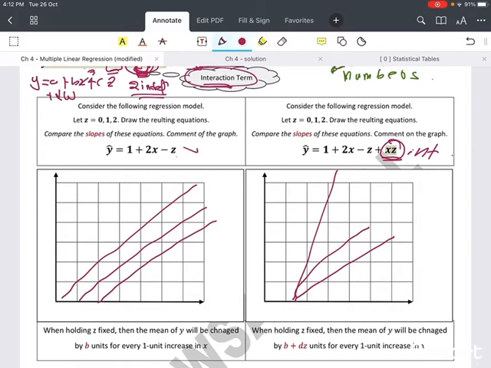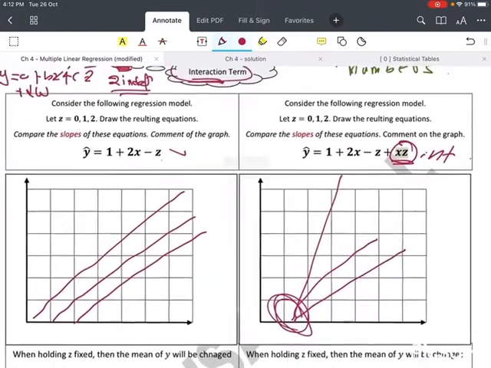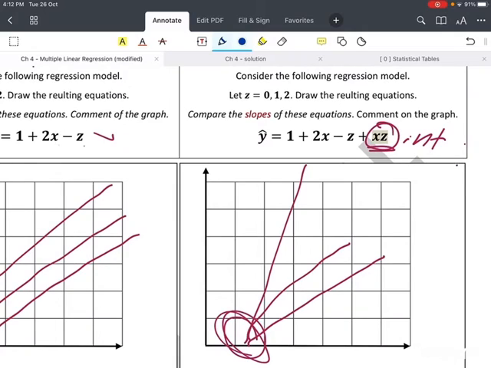So they interact. تقاطعوا مع بعض. الخطوط تقاطعت. يعني when I draw this equation, الخطوط راح يتقاطعون because of the interaction term.